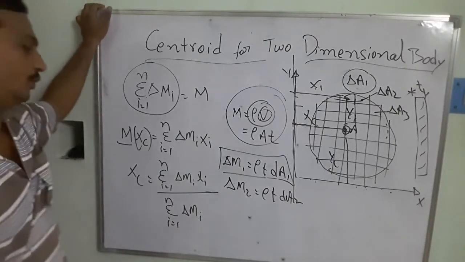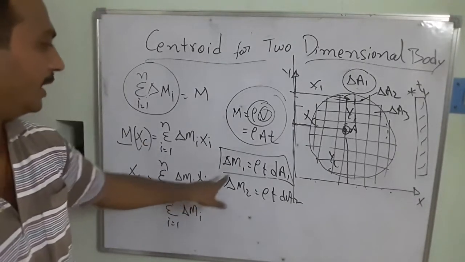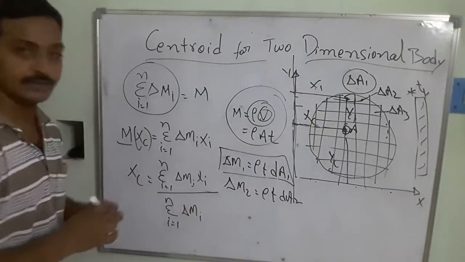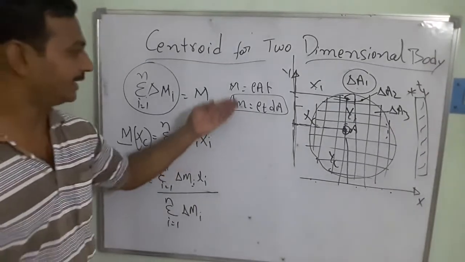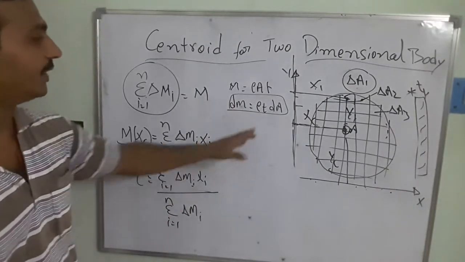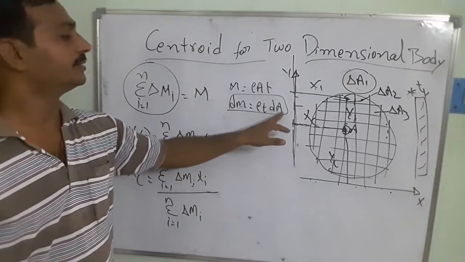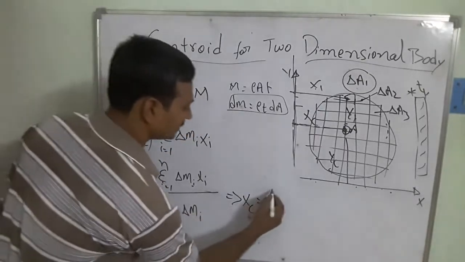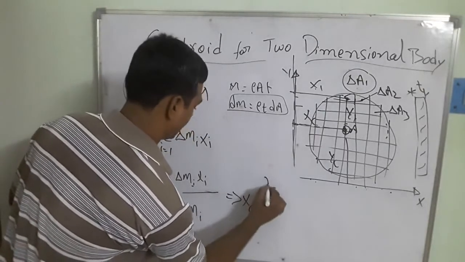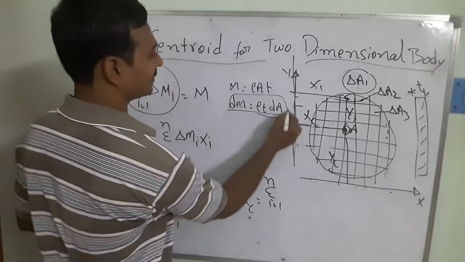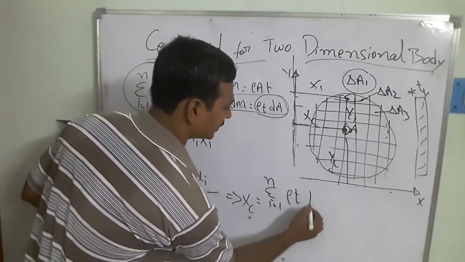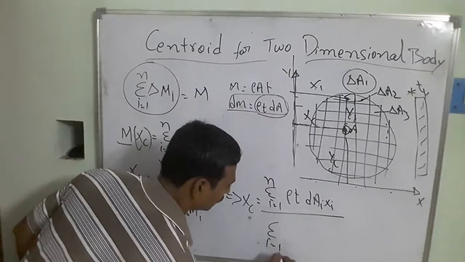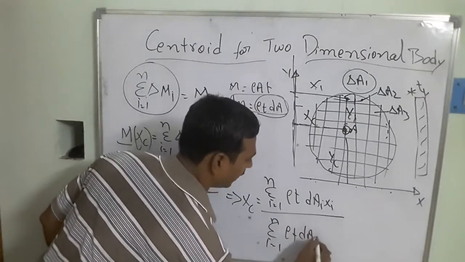So then what I am going to do, this m, we know that's going to be rho T dA. So by using these equations we are going to be substituting in terms of the thickness as well as in terms of the area. So finally from this equation, sigma i is equal to 1, del mi I can write as rho T, which is the constant, dAi xi, divided by sigma i is equal to 1, rho T dAi.